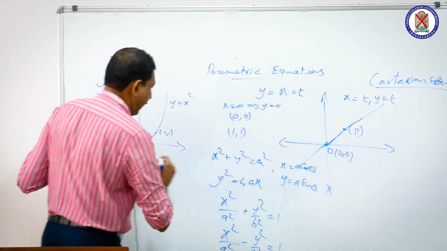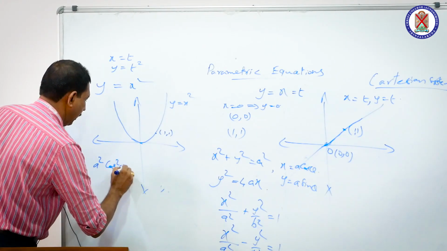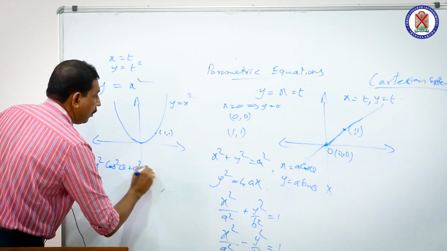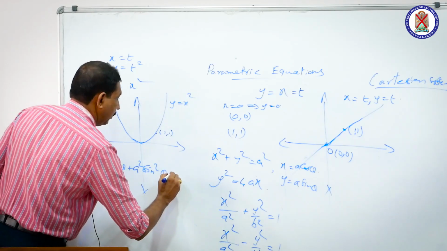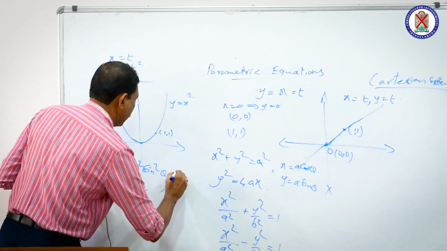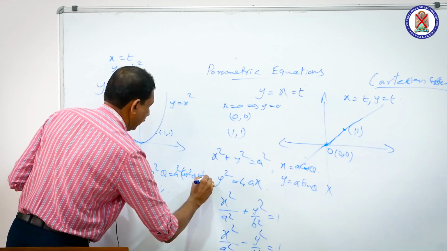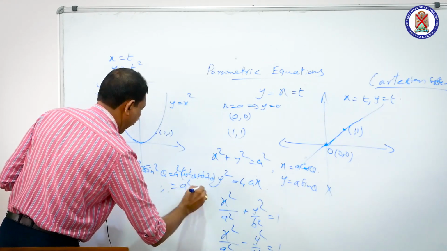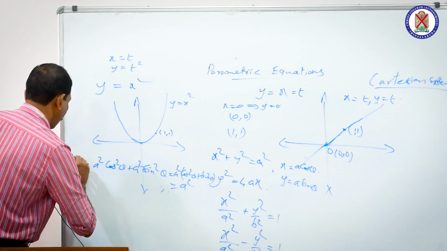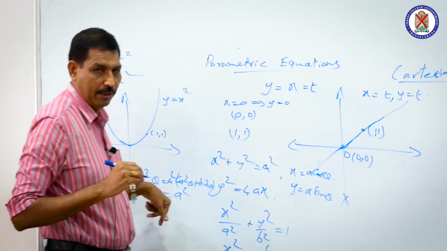We will get x square means a square cos square theta plus y square means a square sin square theta. That is equal to a square into cos square theta plus sin square theta. And that identity you know is 1, therefore a square. Therefore we have x square plus y square equal to a square.